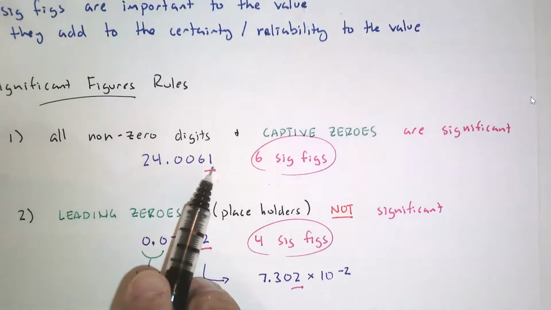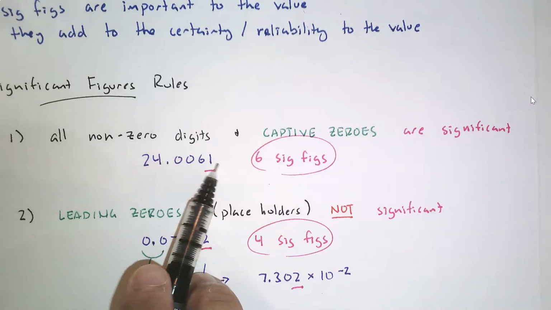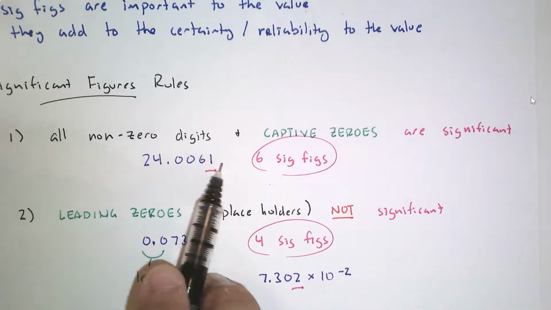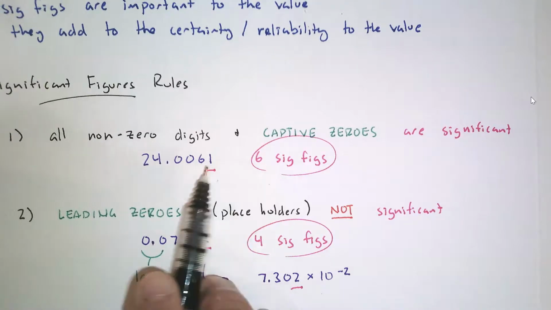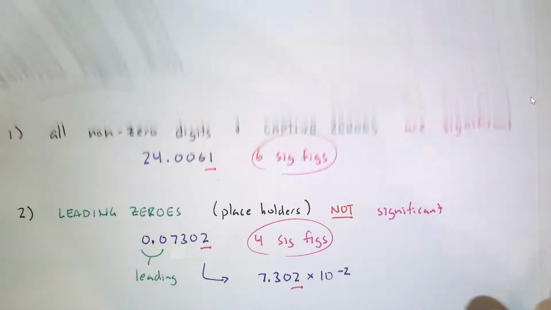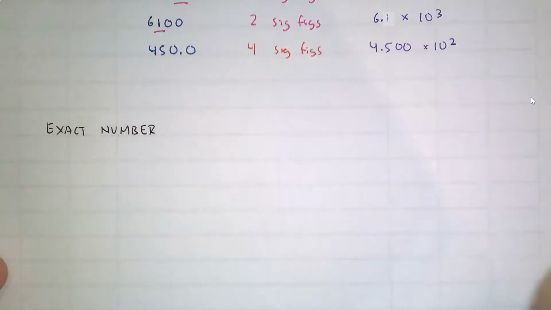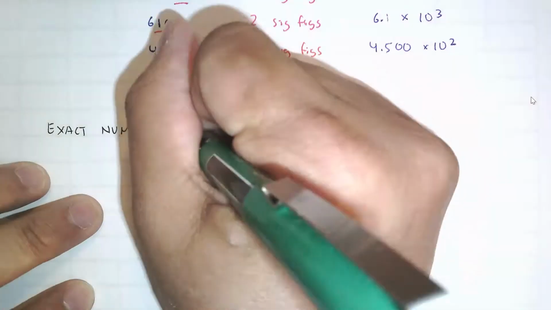I'm not 100% sure if the last digit after this 1 is 0, or 000, or however many zeros you have. But there are numbers that we know for a fact that it's 0.000000000 to infinity. Exact numbers have infinite significant figures.